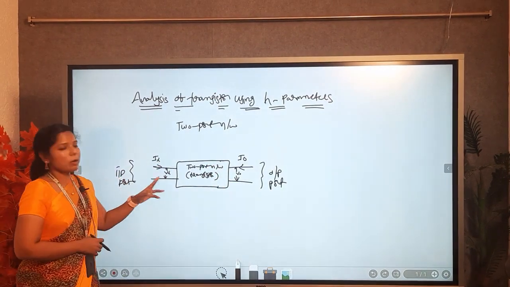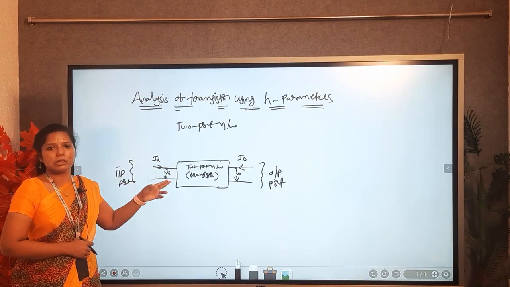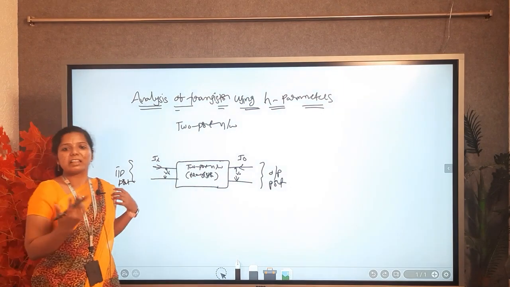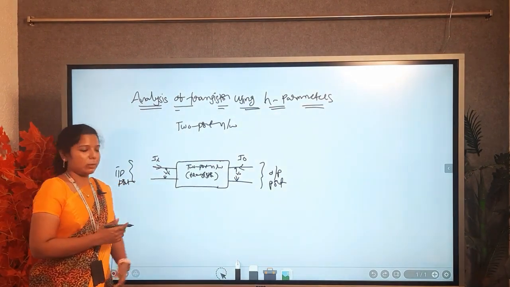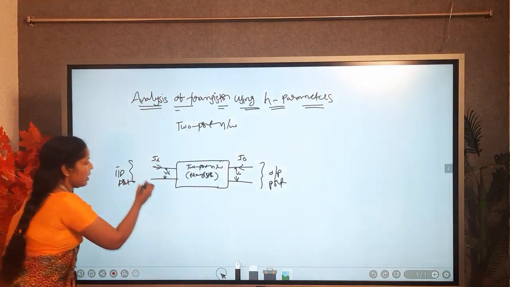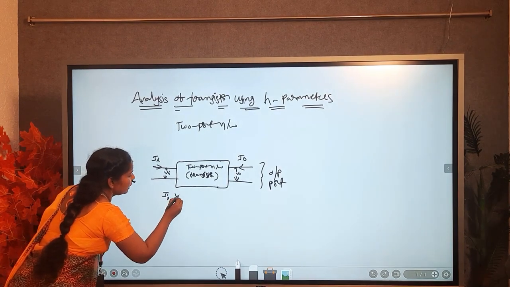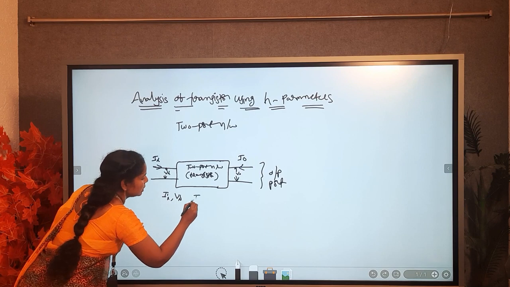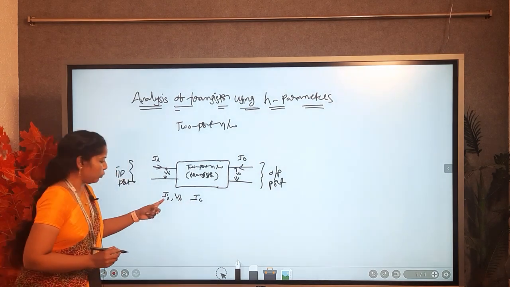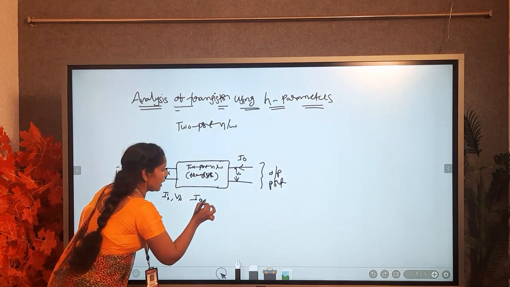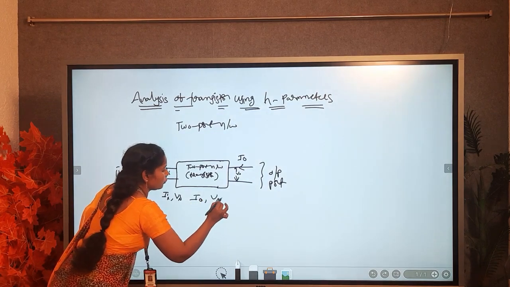From these four variables, we take two as independent variables and the other two as dependent variables. The four variables are Ii, the input current, Vi, the input voltage, I0, the output current, and V0, the output voltage.